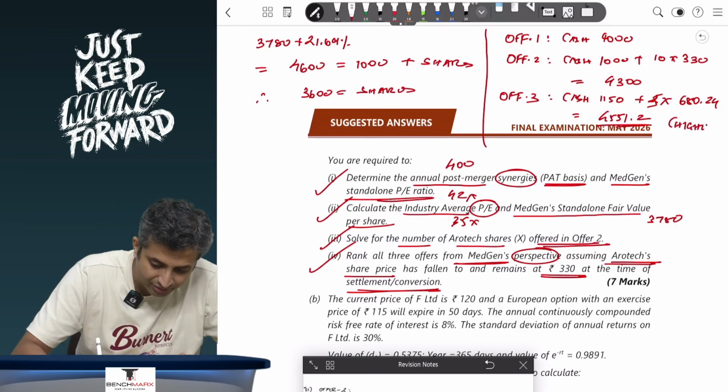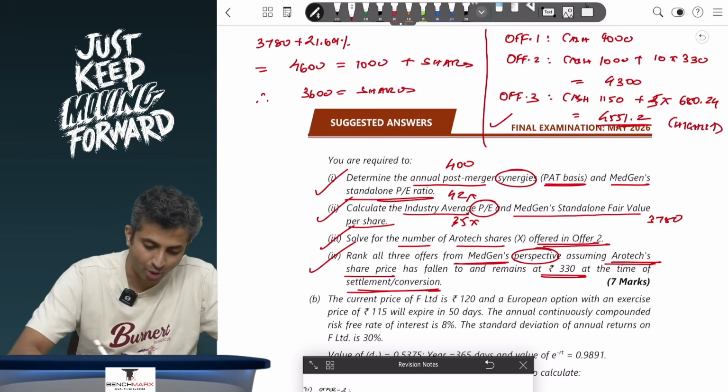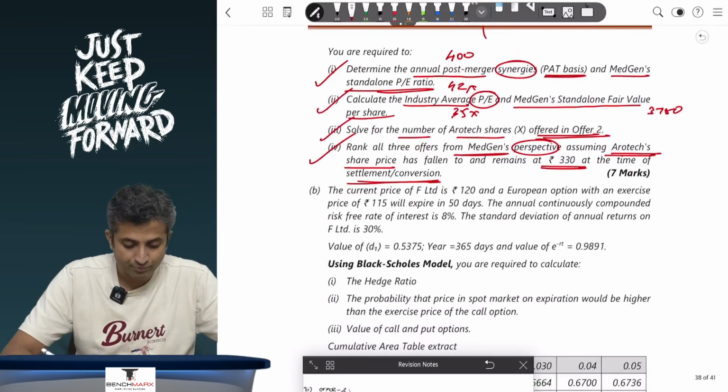At least if the price is 330, this is the highest, and hence offer 3 should be accepted from MedGen's perspective.